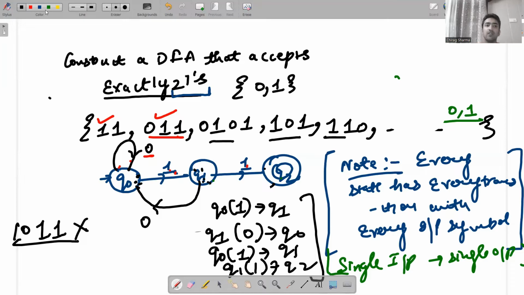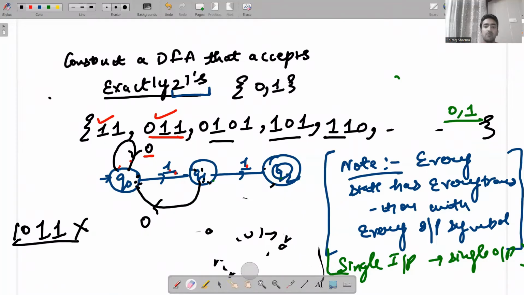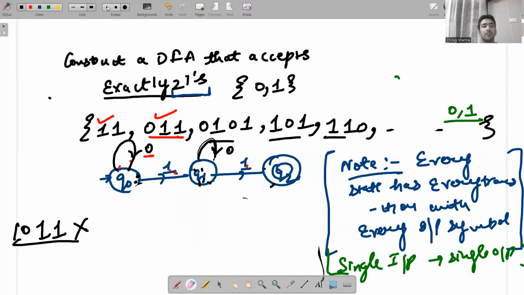So there is only one option left with us, and that option is that you must put a loop of 0 on this particular loop that I am referring to, and I must delete this particular part because it is not required.